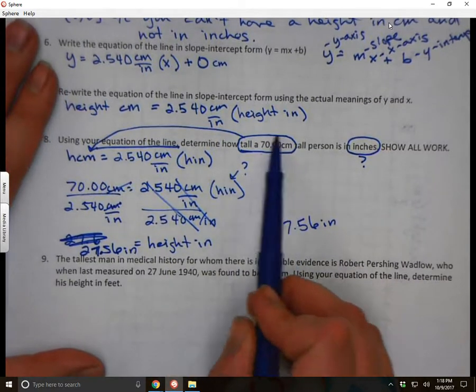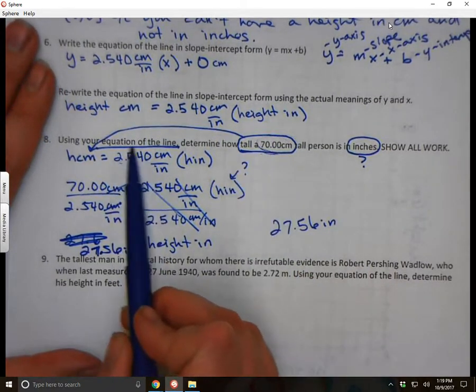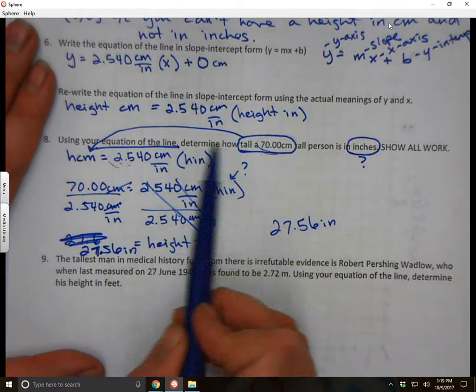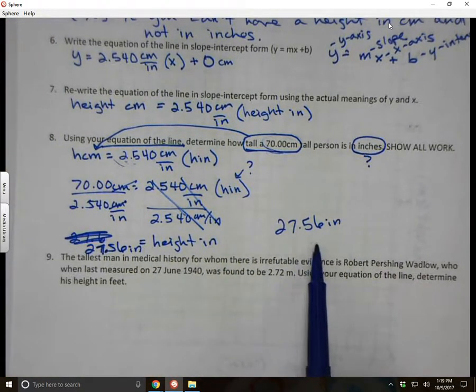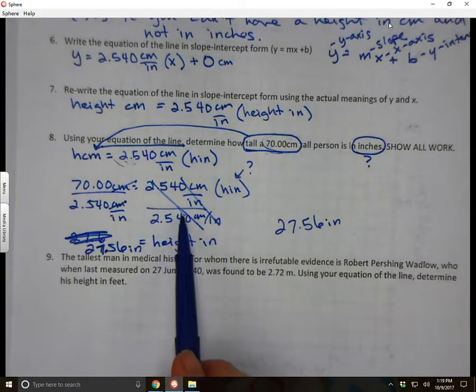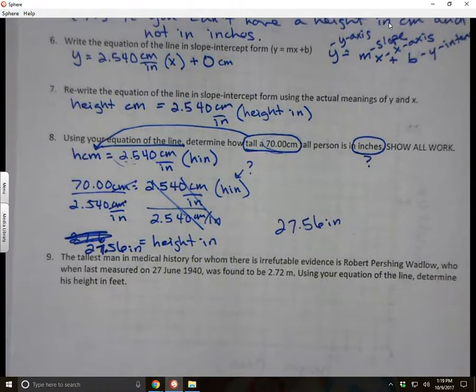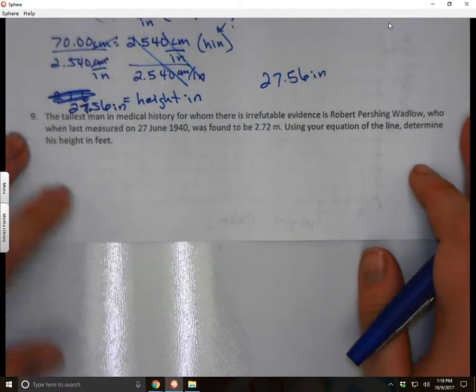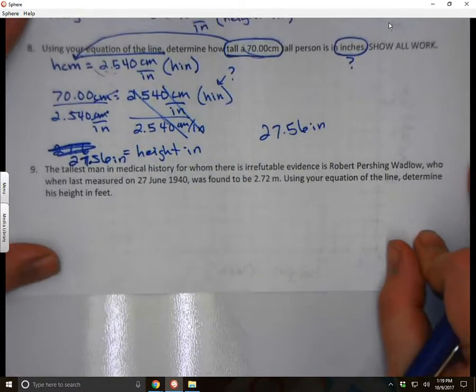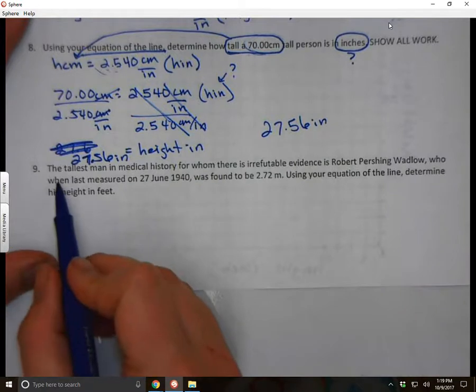Okay, and the last one, number 9. It's similar. We're looking for this really tall man's height in feet if he's 2.72 meters. And we know from last unit that 1 meter is 100 centimeters. So if you've forgotten the metrics, I would add those to your card.